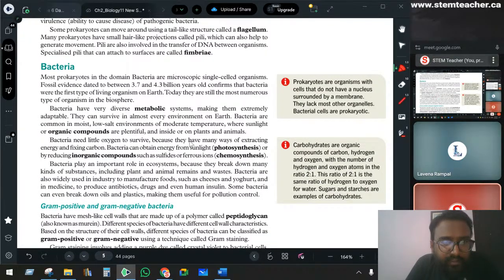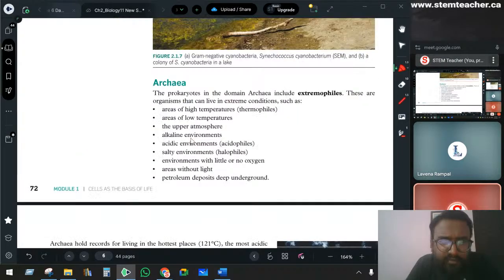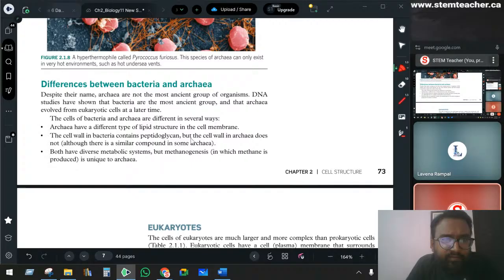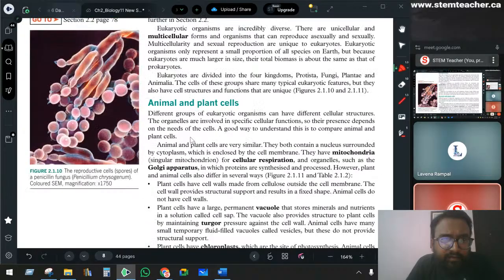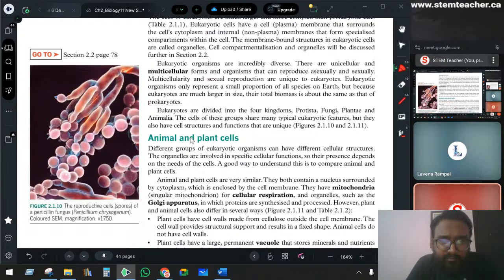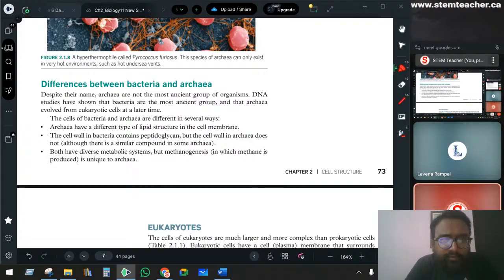Next, if I go a little further, archaea. He is explaining everything about prokaryotes, and the difference between bacteria and archaea, and eukaryotes. Here the animal cell and plant cell will come. So let's complete prokaryotes only.